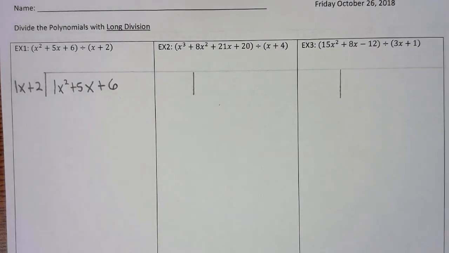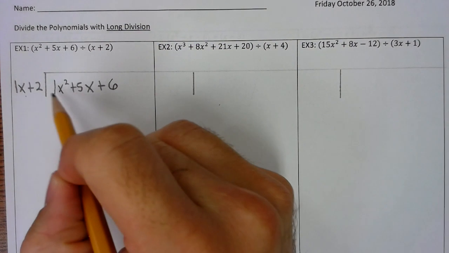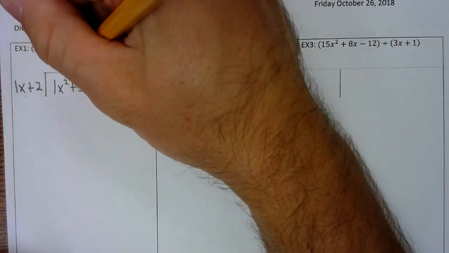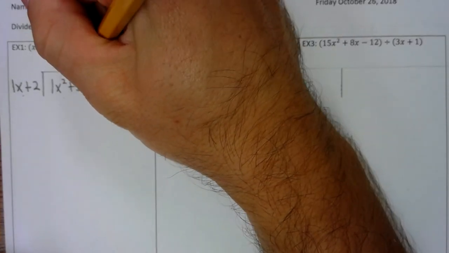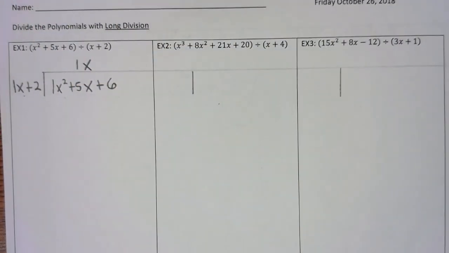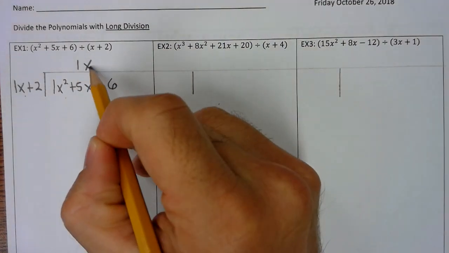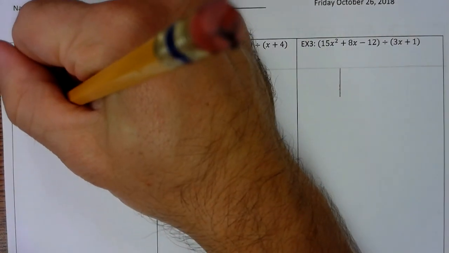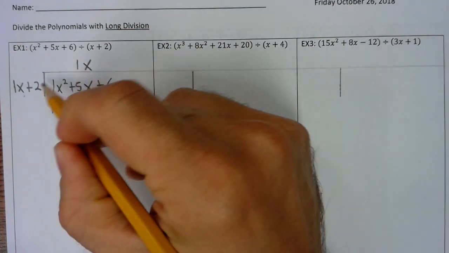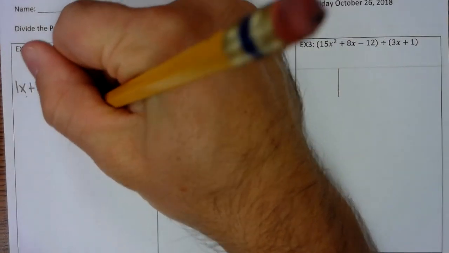So step 1, you think, how many times does x go into x squared? Well, so that is 1x. And then step 2, we multiply. So 1x times 1x is 1x squared. 1x times 2 is 2x.